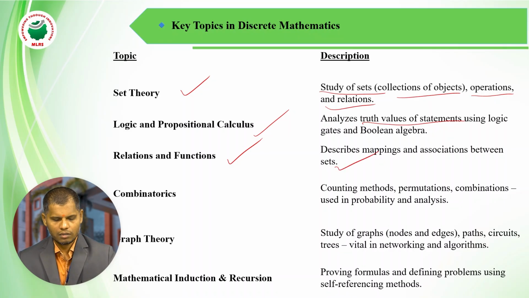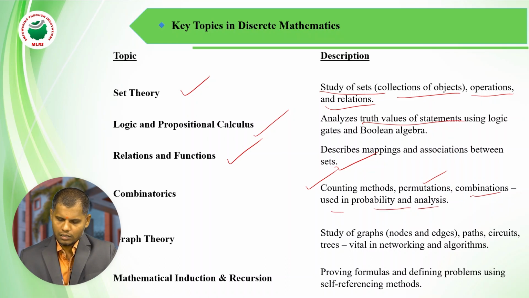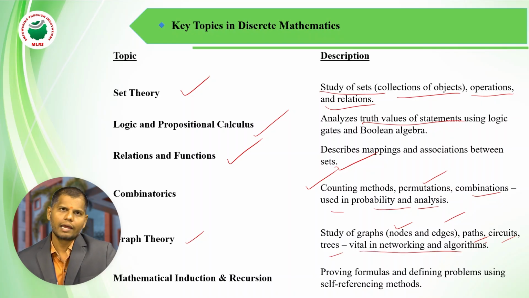Next, permutations and combinations, counting methods used in probability and analysis. And next, graph theory. Graph theory is the study of graphs, like nodes and edges, paths, circuits, trees, used in networking and algorithms.